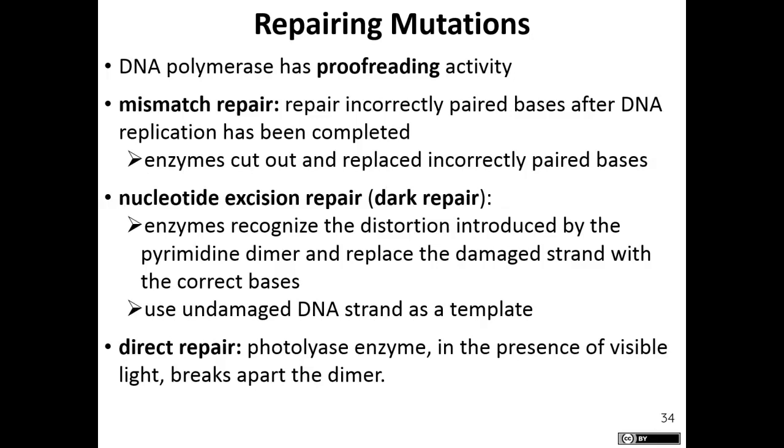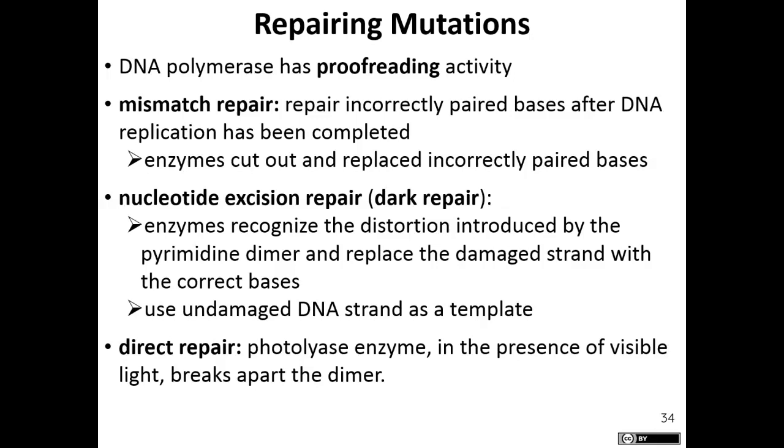It recognizes those changes in the DNA, and it'll cut out the incorrect pairing or the damaged region, and then allows DNA polymerase to produce a new template strand that can be used. This is what we use when we have thymine dimers formed with UV radiation.